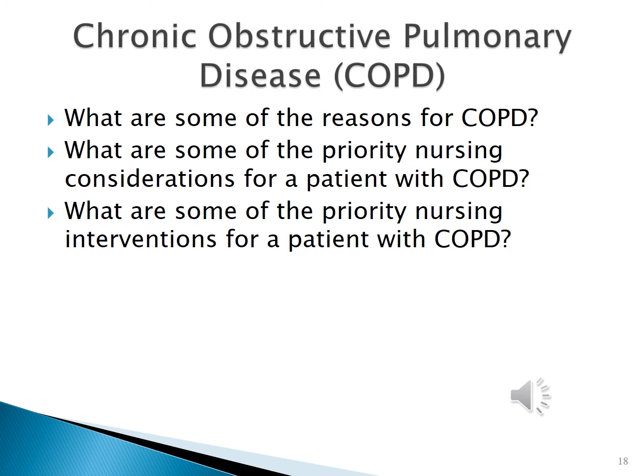So what would you be considering? We get our assessment data, we make a plan or we diagnose based on our nursing considerations. So what type of priority interventions do we want to anticipate for this patient? Improving their gas exchange and airway clearance. These patients still need bronchodilators.